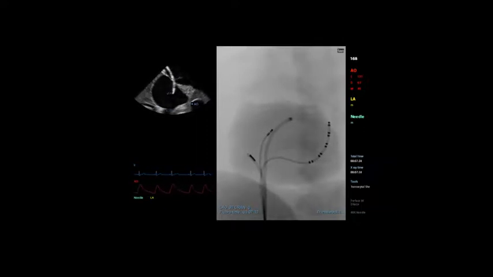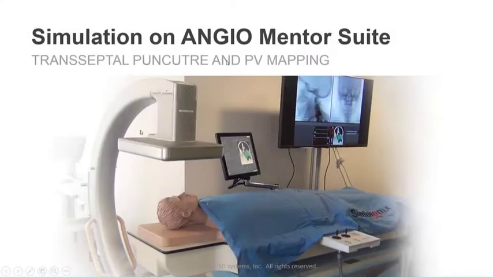Here some dye has been injected through the lumen of the transseptal sheath, and this confirms that we are in the left atrium. The first transseptal puncture has been accomplished. The system gives you, of course, the option to perform double transseptal puncture to learn also this maneuver.